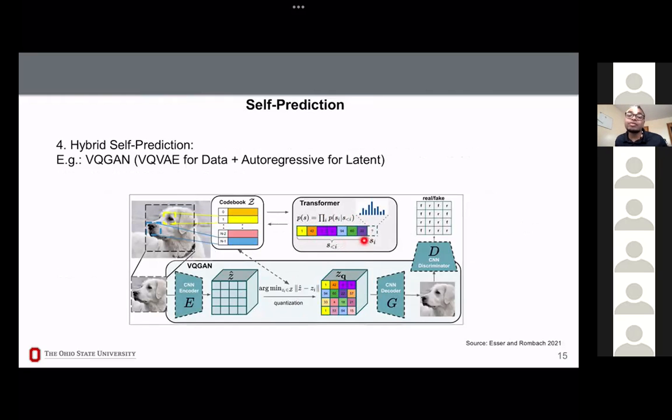So you can do nested self-prediction as well. That forms the more hybrid self-prediction types of tasks.